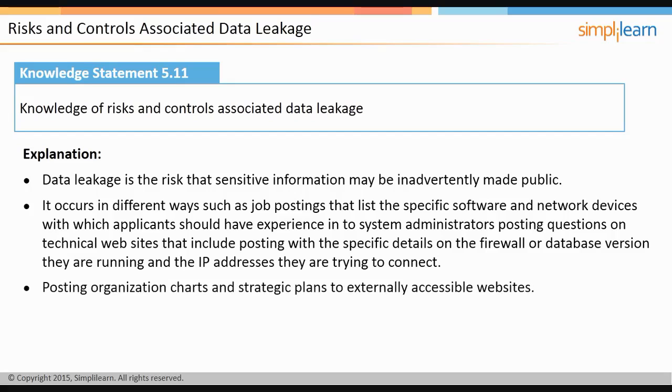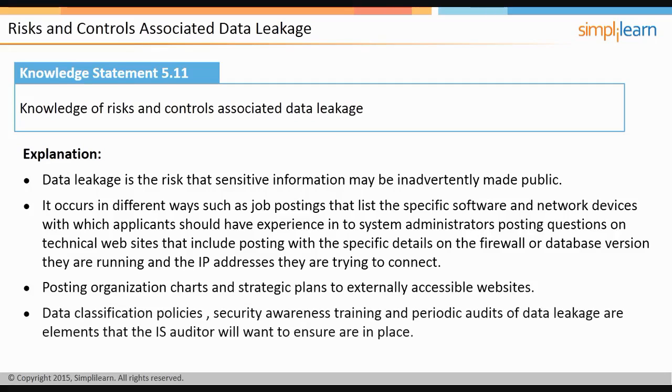Another way is posting organization charts and strategic plans to externally accessible websites. Data classification policies, security awareness training, and periodic audits of data leakage are elements that the IS auditor will want to ensure are in place.